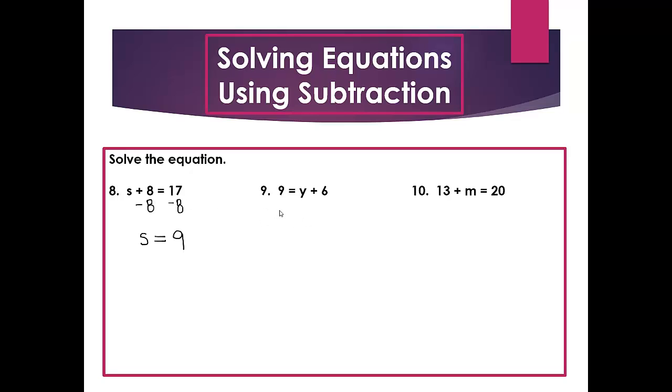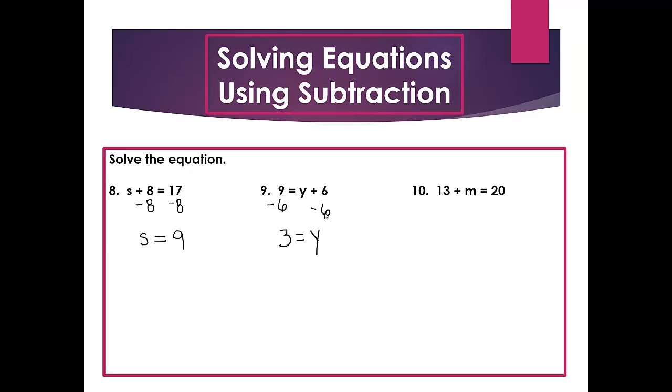For number 9, we have 9 equals y plus 6. We need to find the side of the equation that has our variable, which this time is the right-hand side. We have y plus 6. This plus 6 we need to undo, so if we're adding 6, we would subtract 6. That's the inverse operation. So we'll subtract 6 from both sides, and 9 minus 6 is 3, and that then would be equal to y.